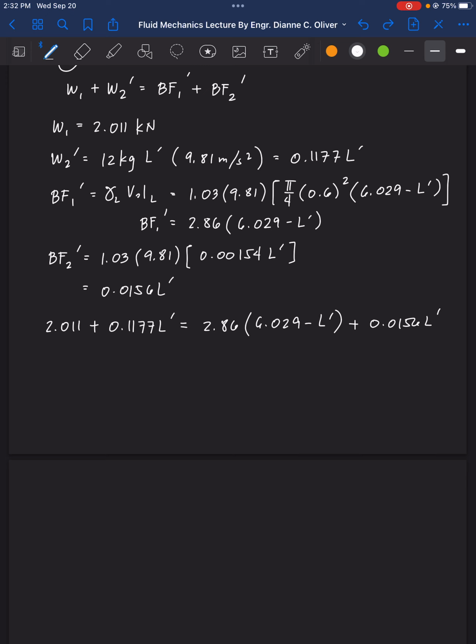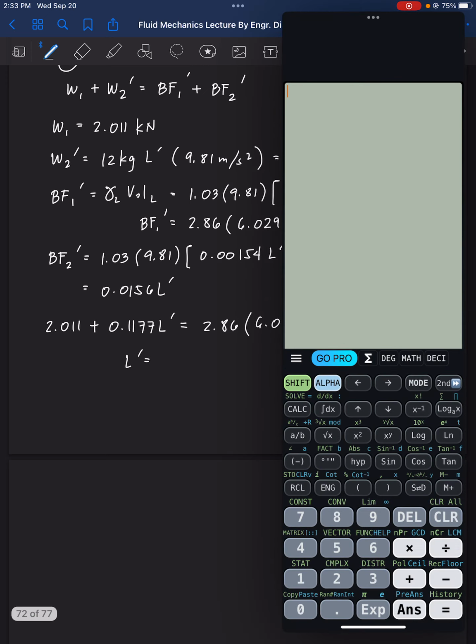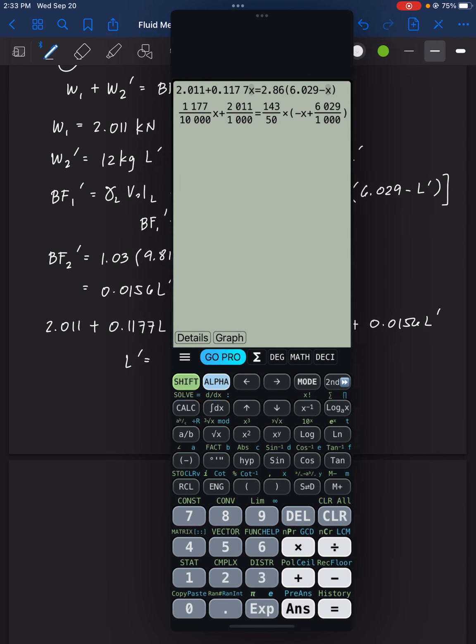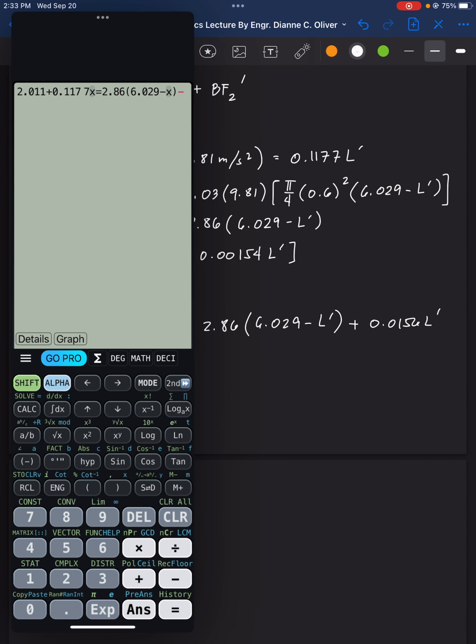Now, what's the value for L prime? 2.011 plus 0.1177 alpha x, alpha equal to 2.86 times 6.029 minus alpha x plus 0.0156 alpha x.